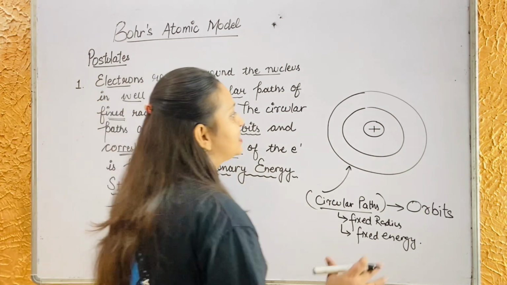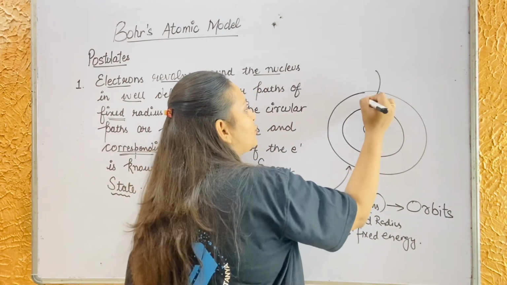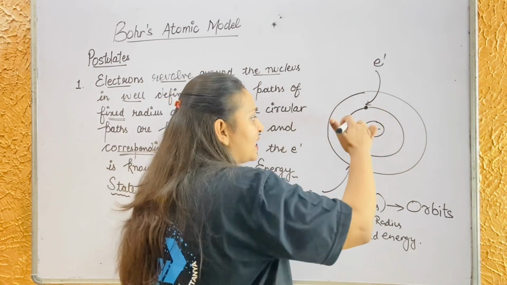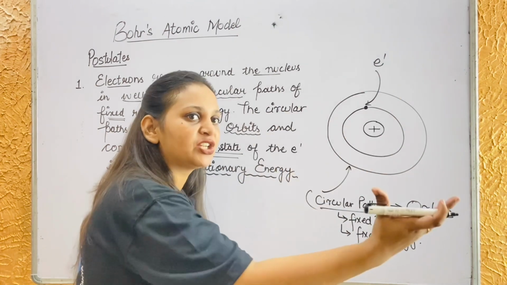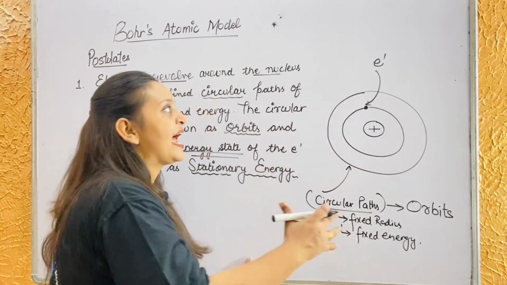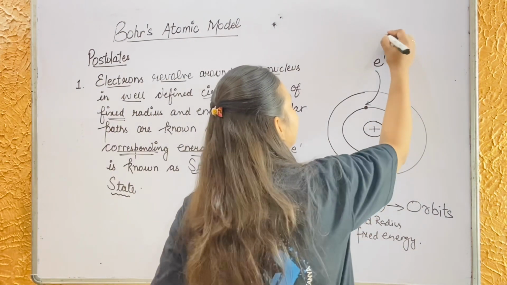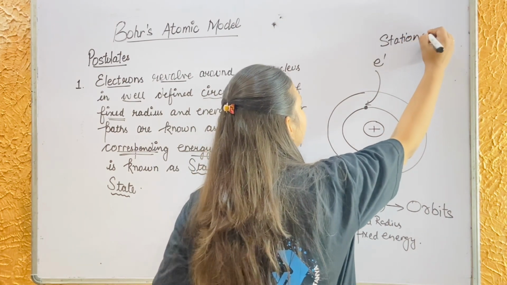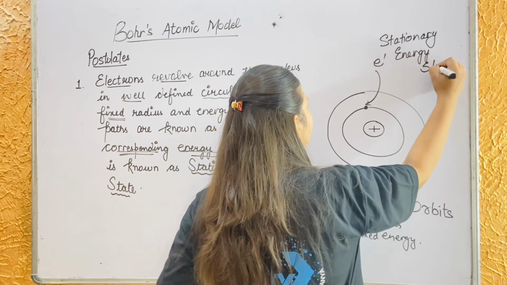For example, let us just take an electron here. The electron in this energy level will have a particular amount of energy, and that particular amount of energy will be called the stationary energy state.